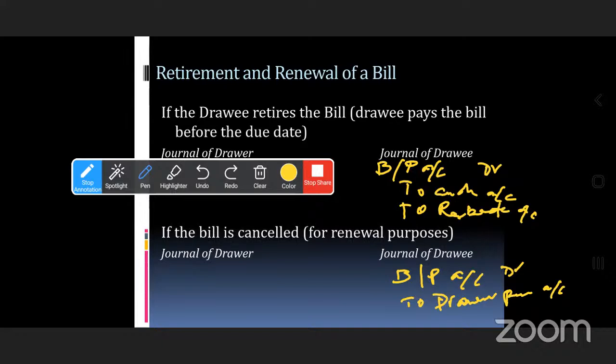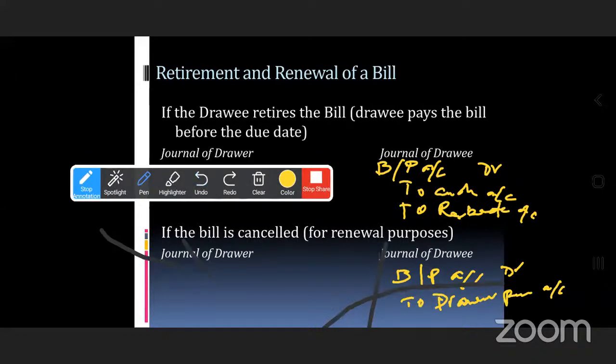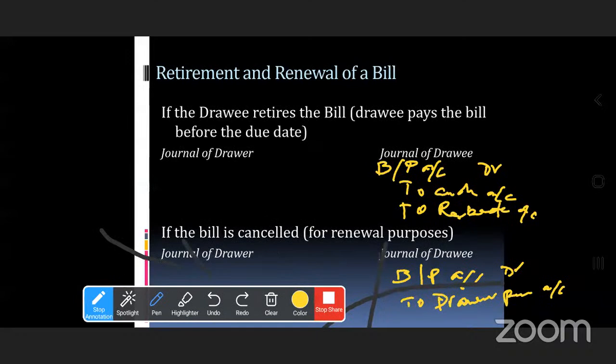Sometimes interest will be charged by the drawer. That means if the bill is renewed, for that extended period the drawer will be charging the interest. So in that case, you will be writing the journal entry as drawee's personal account debtor to interest account.